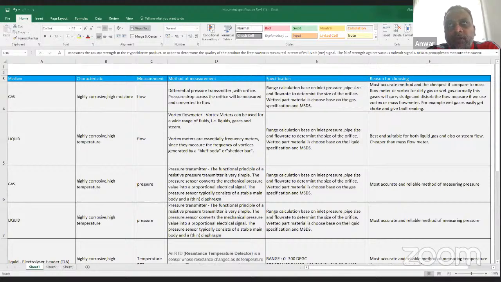Check on the characteristic of the medium, and from there you can have the material selection matrix.